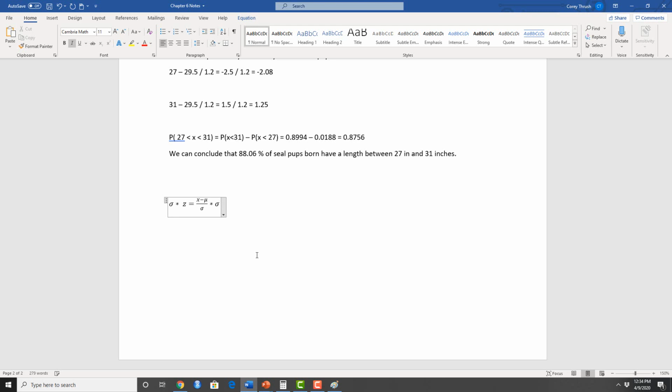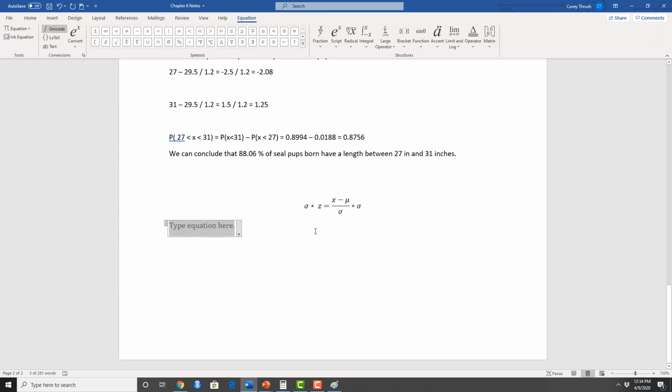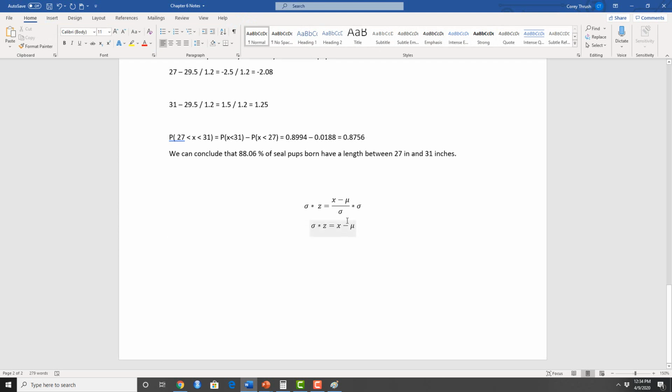Again, multiply both sides by sigma to get rid of this. So what we're left with is sigma times z equals x minus mu. Well, how do we isolate x?